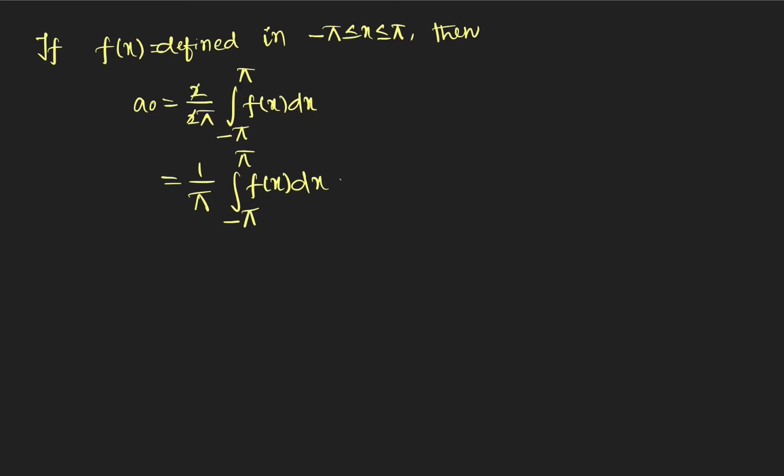Now we will use the properties of integrals. So this will take the form 2 by pi, integration runs from 0 to pi, f of x into dx if f of x is even, and 0 if f of x is an odd function.